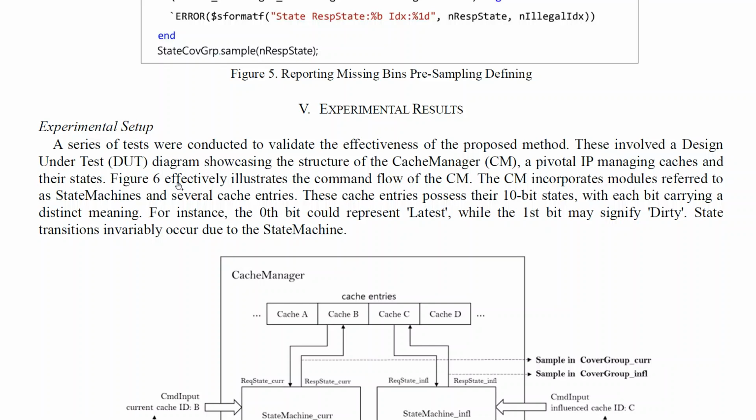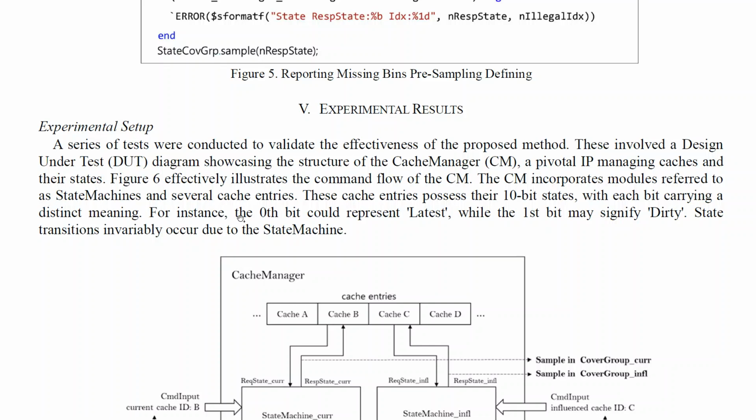Figure 6 illustrates the command flow of the CM, and the CM incorporated modules referred to as statements and several cache entries. These cache entries possess a 10-bit state, with each bit carrying a distinct meaning.